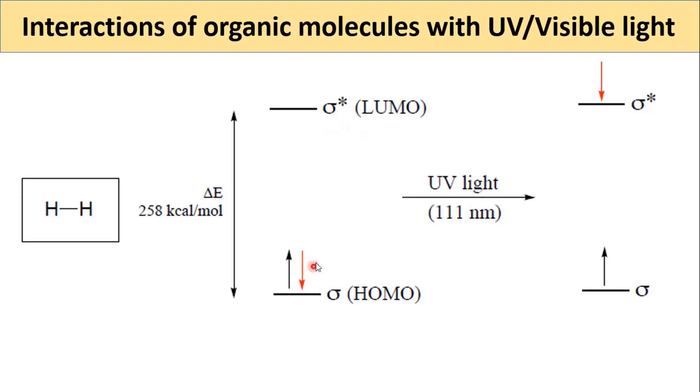The energy difference between this ground state and excited state is 258 kilocalorie per mole, and this kind of energy gap can be covered by UV light absorption of 111 nanometer. So after absorbing 111 nanometer, one of the electrons goes from the ground state to the excited state. It's very simple to explain.